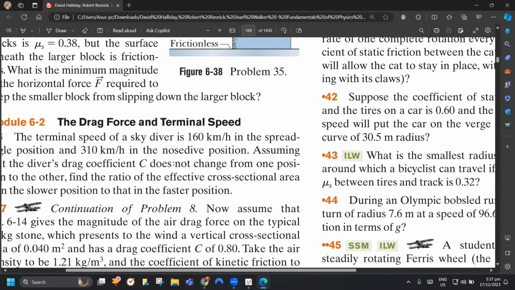Let's work it out from first principles. The drag force is one half C A rho V squared, where rho is the density of the air. So write that down in your notepad: D equals one half C A rho V squared.